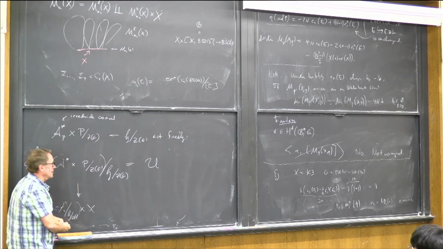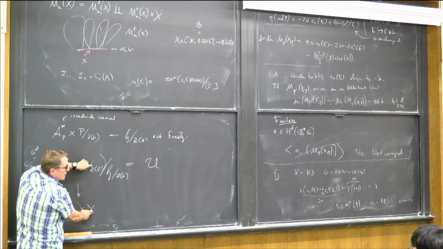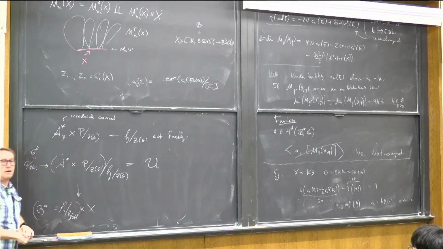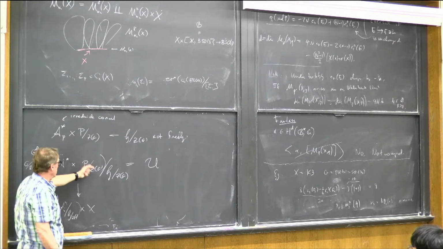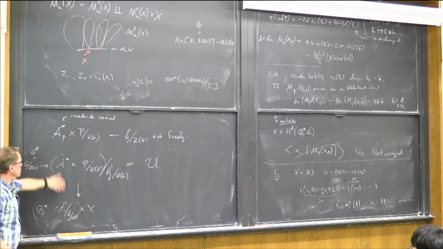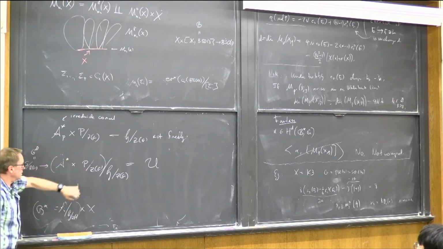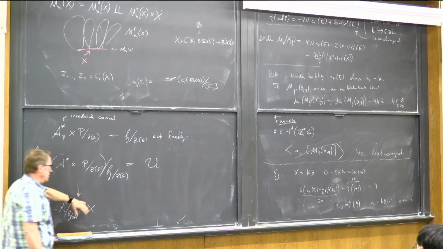Not much is happening. What happens over here? Well, if I take a point here, the thing sitting above it is the fiber of the principal bundle, a copy of this group. OK, great. So this is really an adjoint G bundle, so a PSU(N) bundle in our situation.